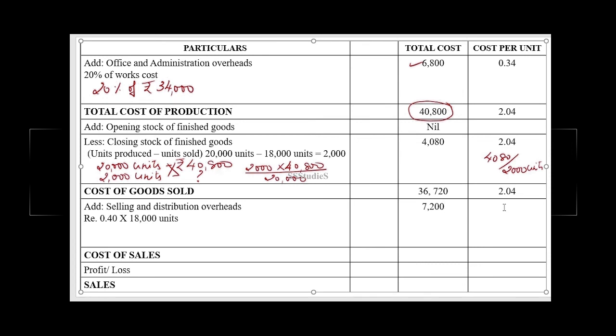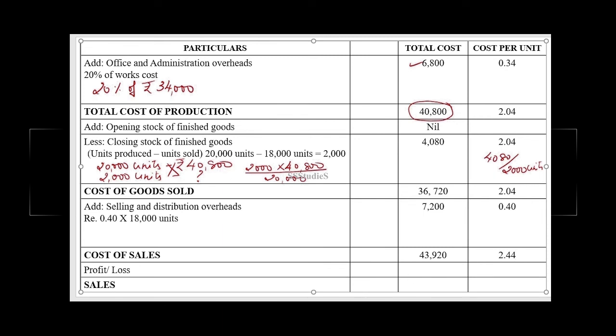So per unit cost will be 7,200 divided by 18,000, or it's directly given anyway. 36,720 plus 7,200, we will get cost of sales. That comes to 43,920. So per unit cost will be 43,920 divided by 18,000 units. So that will be 2.44.